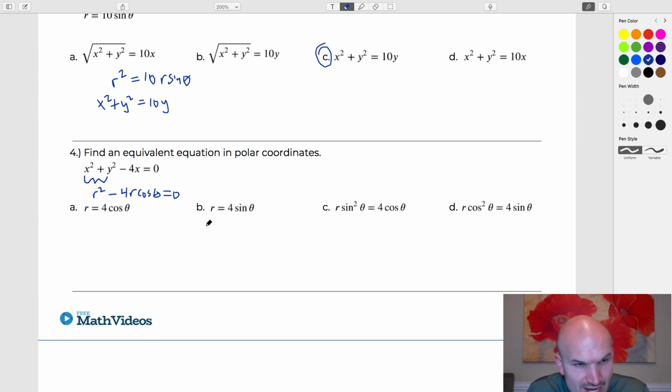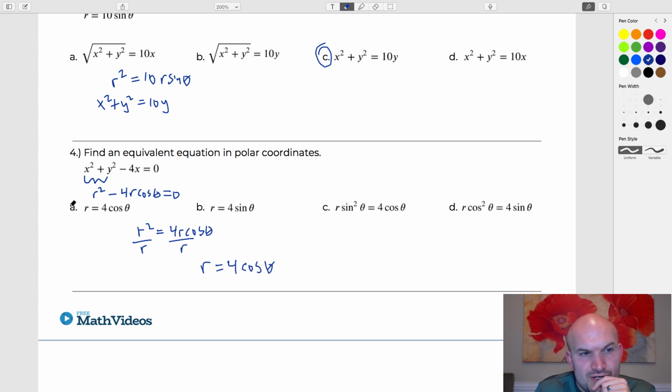It looks like they don't have anything exactly, but if you add the 4r cosine of theta to the other side, I get r squared is equal to 4r cosine of theta. Oh, and then you could divide by r. So r equals 4 cosine of theta. And there you go. There's that answer.